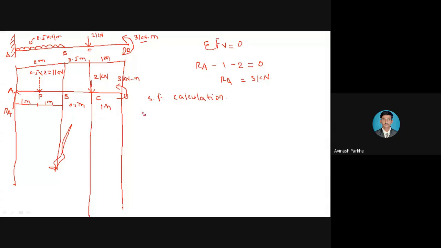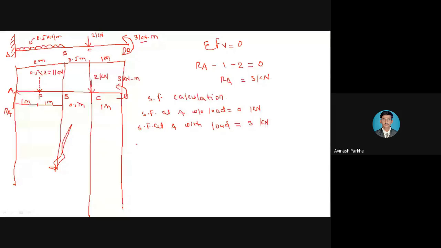So SF at A, at point A, your point load or reaction is there. Therefore, we have to take without load. So without load means it is 0 kilonewton. Then SF at A with load, reaction we have calculated 3 kilonewton.